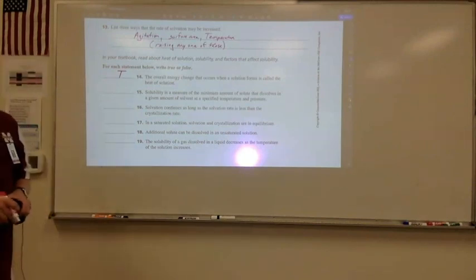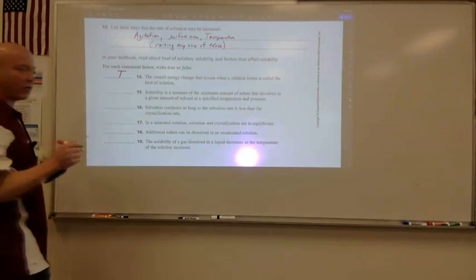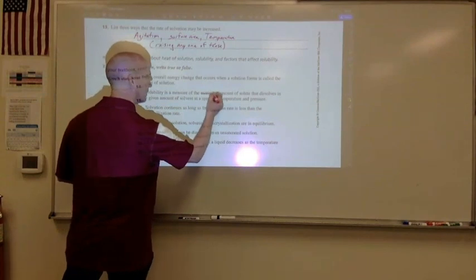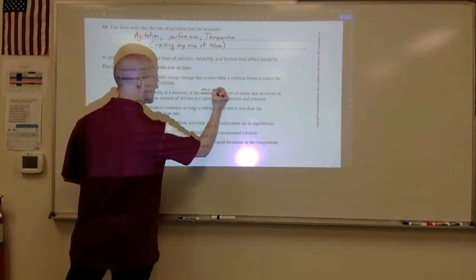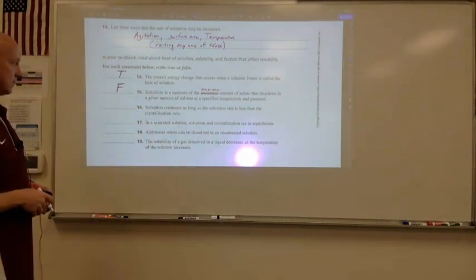Number 15, solubility is a measure of the minimum amount of solute that dissolves in a given amount of solvent at a specified temperature and pressure. That's false. One word is the problem. It's the maximum amount. Easy for me to say. Maximum amount of solute. All right?